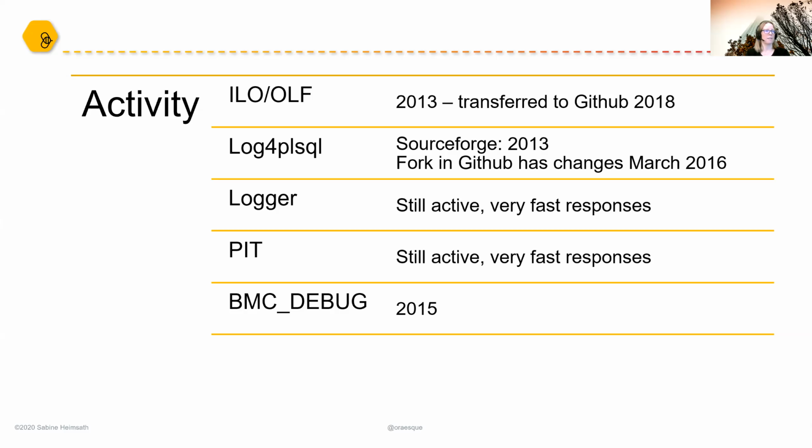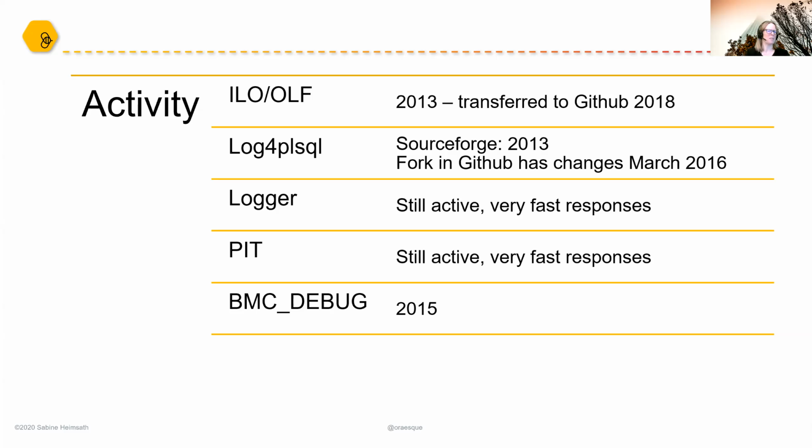Logger is still active. You get very fast responses from the developers. They're always helpful. They're always ready to discuss what your actual needs are, and if you need an extension, or maybe you could do with what's already provided. PIT is, I think, the last commit was from September 2020, and I just talked to the developer today. He's very fast.